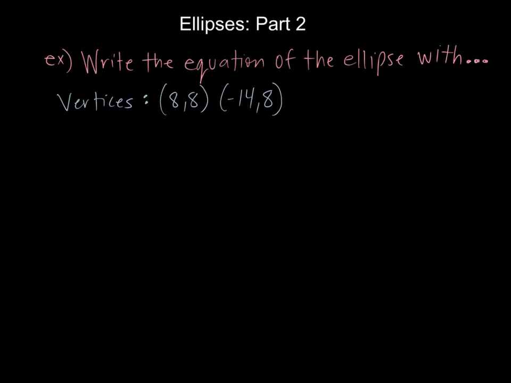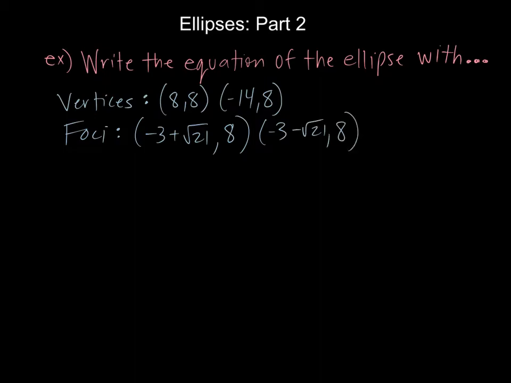And the foci are going to be negative 3 plus the square root of 21, comma 8, and negative 3 minus the square root of 21, comma 8.